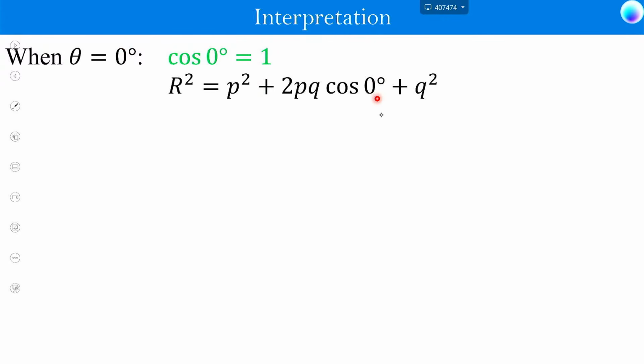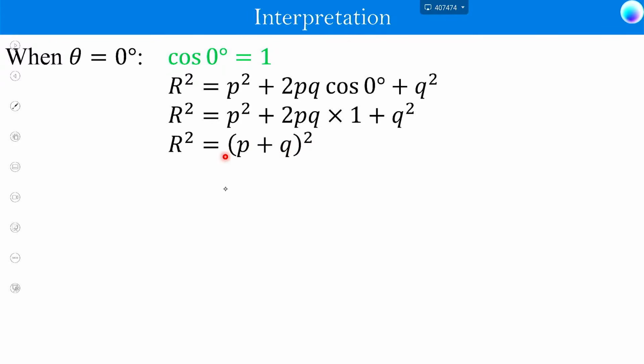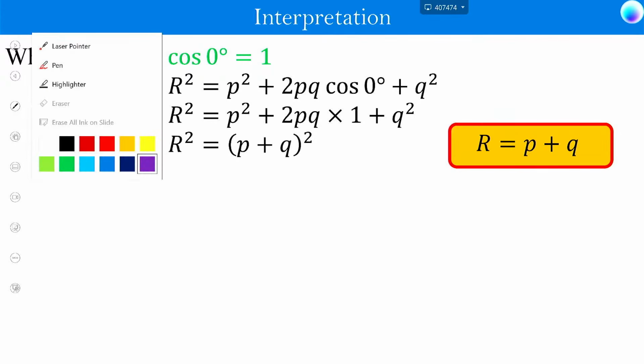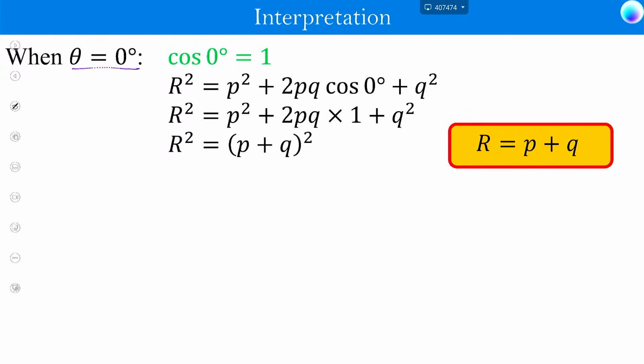When you substitute cos theta as 1 here, you get a formula which is very popular among you all from O-levels, p plus q whole squared, the complete square. So I can take the square root of them and get p plus q. What does this mean?